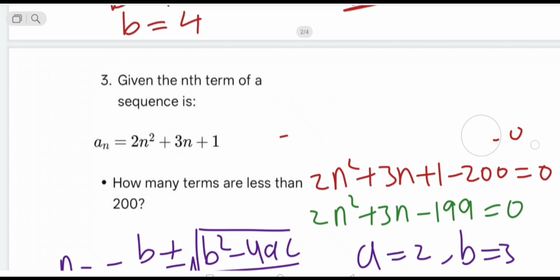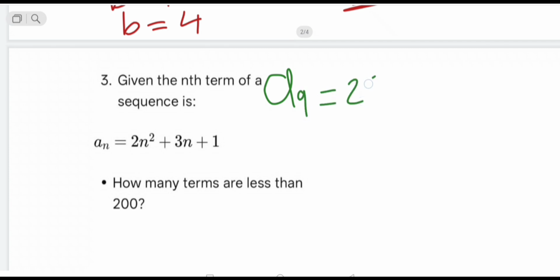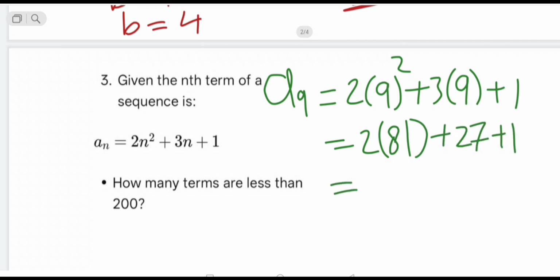Let's see, to make sure of the nth term, because the formula is given, we will replace n with 9. 2 times 9 square plus 3 times 9 plus 1. So 9 square equals 81. 3 times 9, 27, plus 1. 2 ones are 2, 16, plus 28.